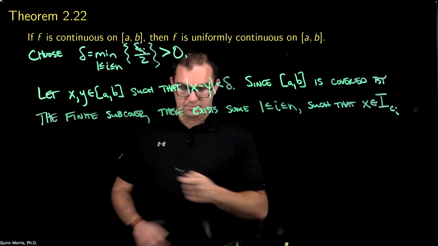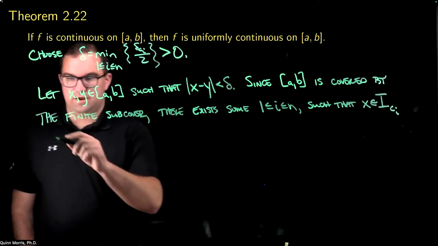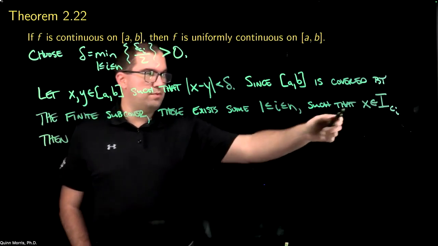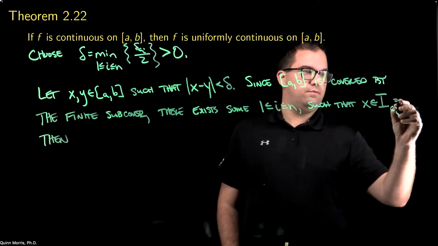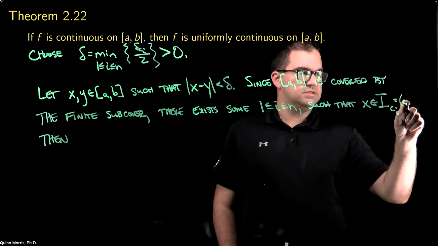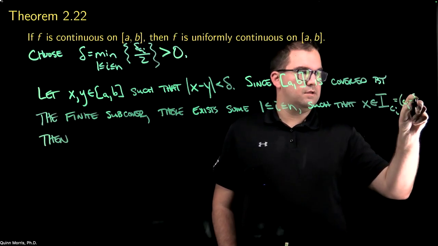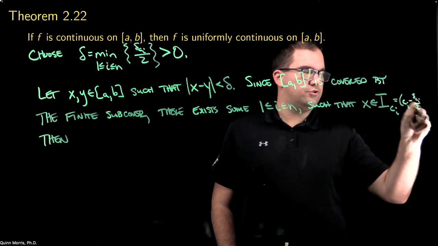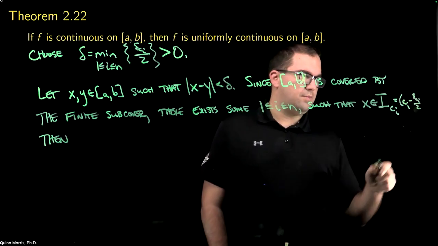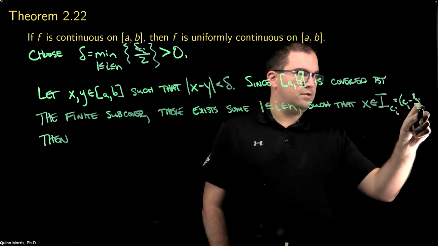So what does it mean for x to be in here? If you remember the form of this interval, it was ci minus delta ci over 2, comma, ci plus delta c sub i over 2. This is a case where we start writing so small with all these sub-indexes that it's a little hard to read.